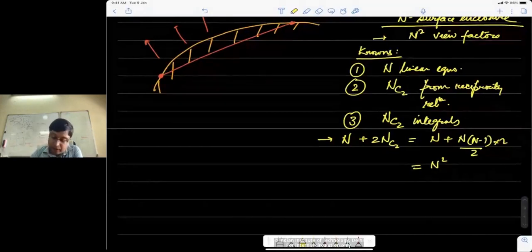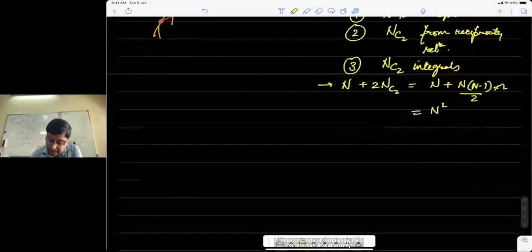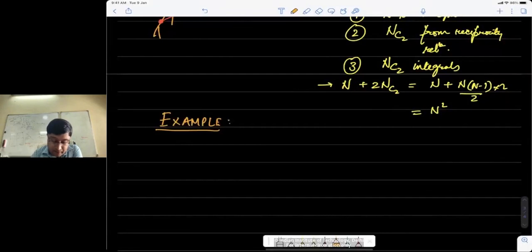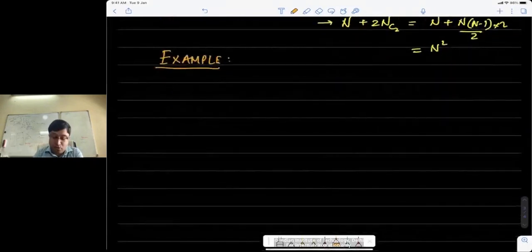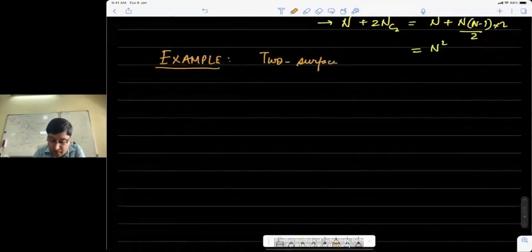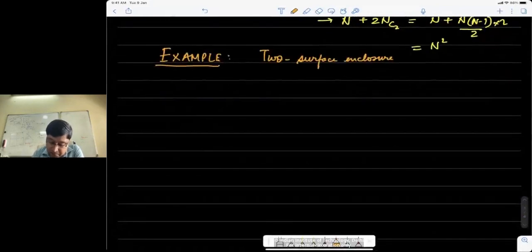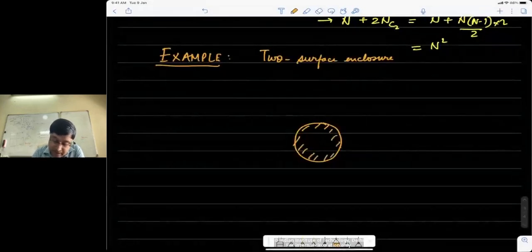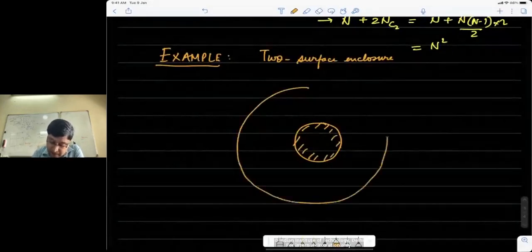So how do we calculate view factors? Let me start with the simplest possible case, probably the simplest example in this method. Let's say we have a two surface enclosure, which could be something like a sphere, or a cylinder or an infinitely long cylinder, inside another sphere or cylinder.